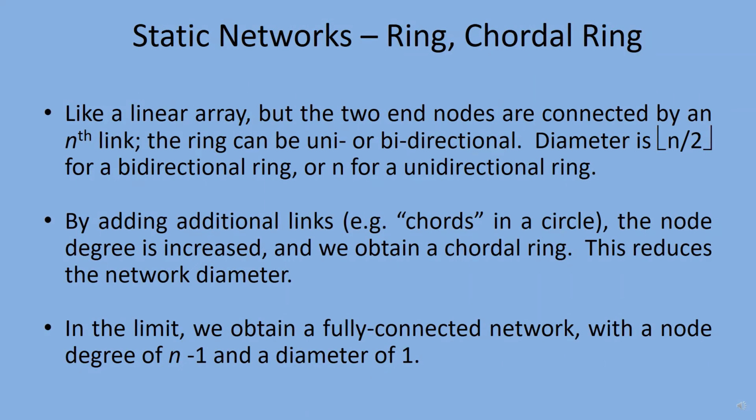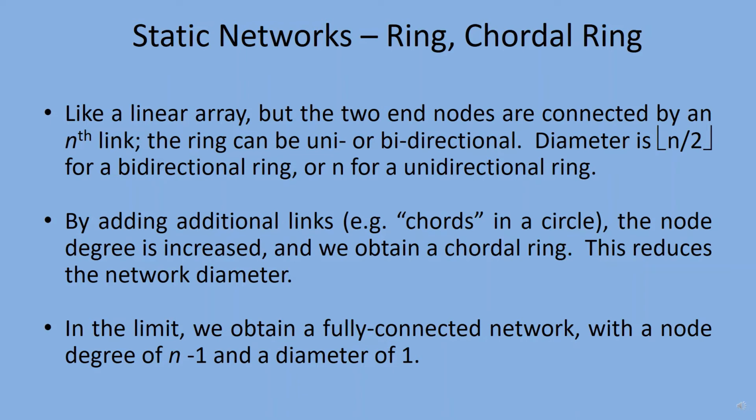Ring and chordal ring. Rings are like a linear array, but the two end nodes are connected by an nth link. The ring can be uni or bidirectional. Diameter of ring is n/2 for bidirectional and it is equal to n for unidirectional ring.